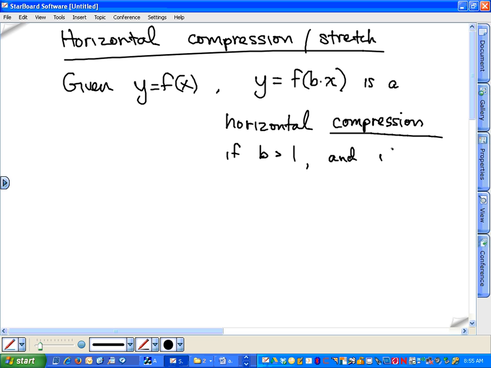And if b is less than 1 but greater than 0, that is a horizontal stretch.